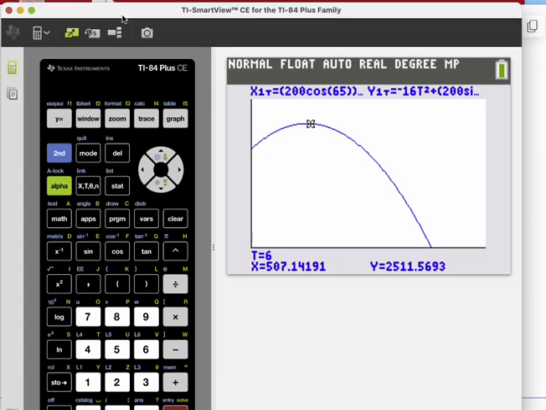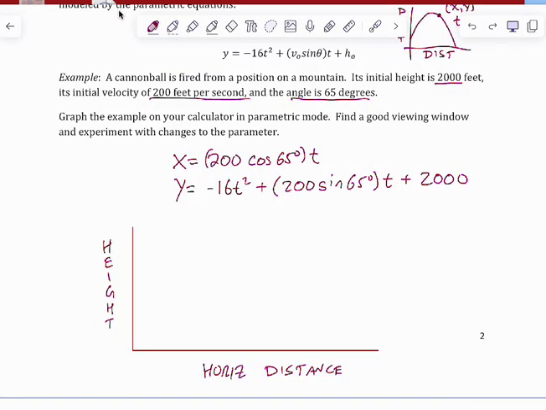So we really have much left here. I want you just to draw a sketch of this, and you don't have to have it perfect. The initial height is 2,000. We could trace this thing and figure out where it lands.